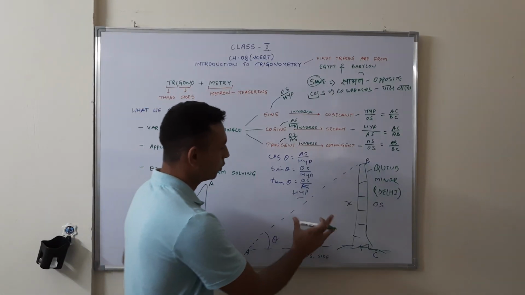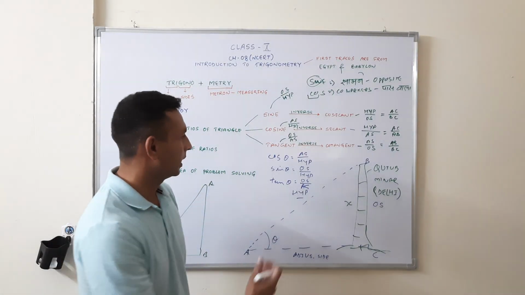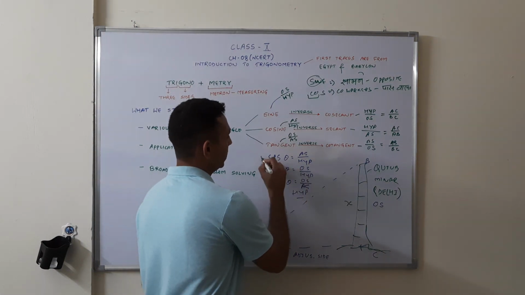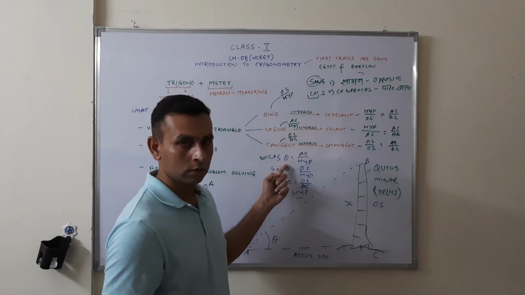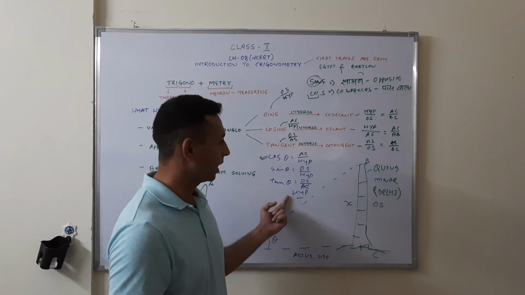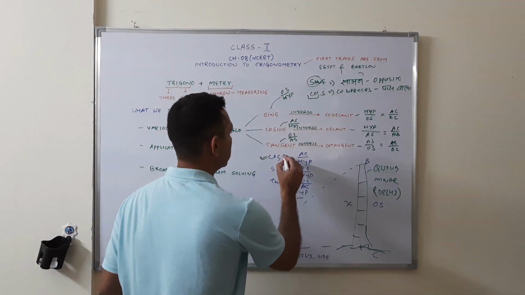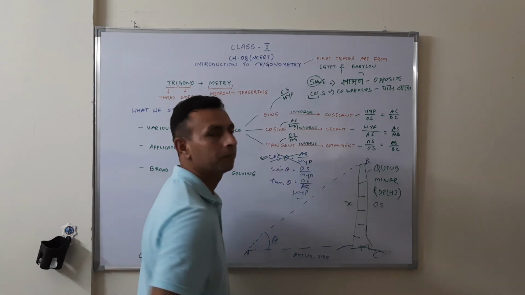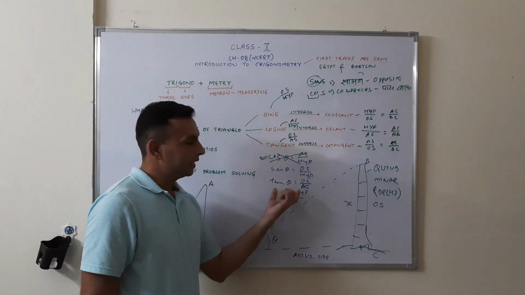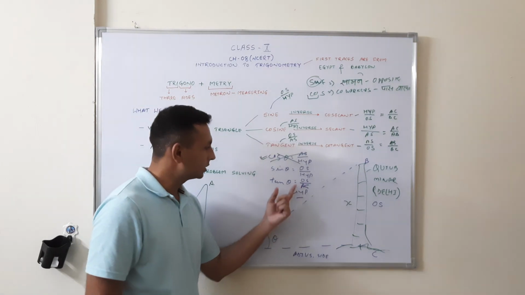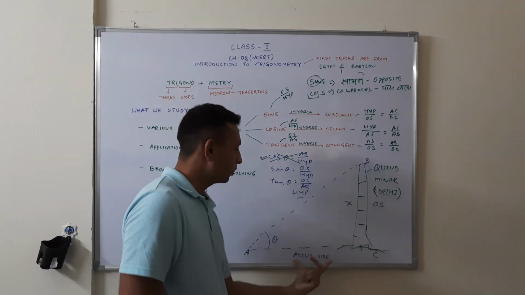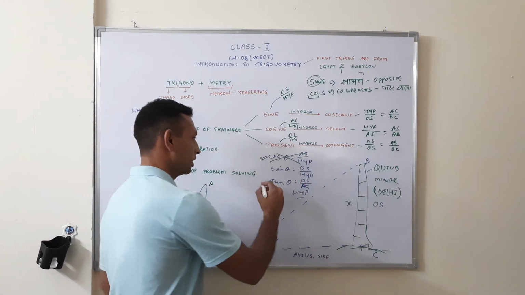Okay. So what do I take? Should I take cos theta? Adjacent side upon hypotenuse. I will not be getting this as an answer, so I will not take this. Can I take tan theta? It is opposite side upon adjacent side. Yes, I can take it.